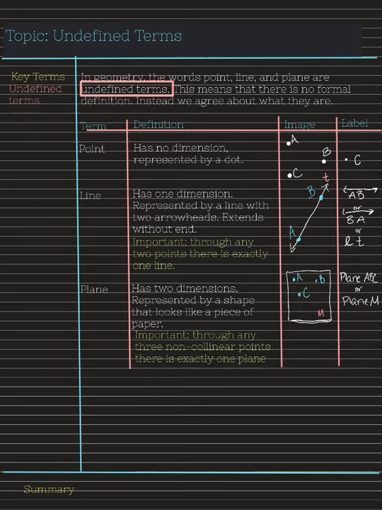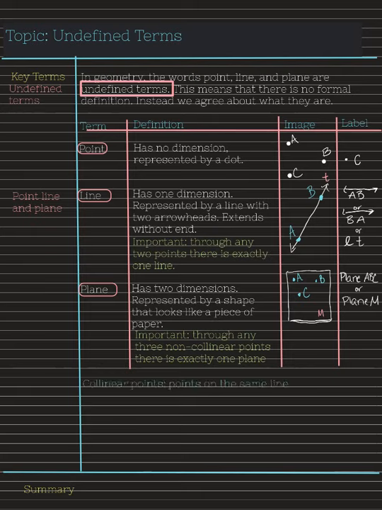Before we do that, I want to make sure that we note what our 3 key terms were. They were point, line, and plane. And I want to make sure I make note of these under my key terms. Okay, now that I've done that, I'm going to go ahead and start working on our collinear and coplanar definitions.